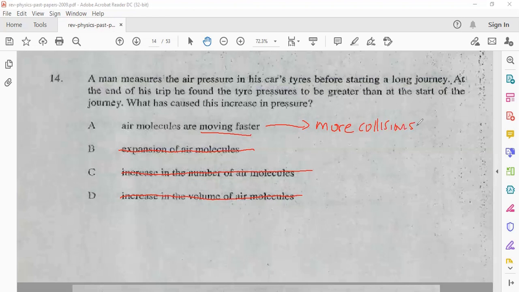That's because after driving for a long time, if you touch the car tires, they feel hot, and that increase in temperature gives the air molecules more kinetic energy, and so they collide faster and push against the walls of the container more often. So our answer is A.